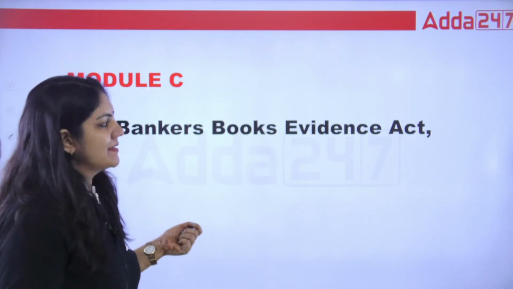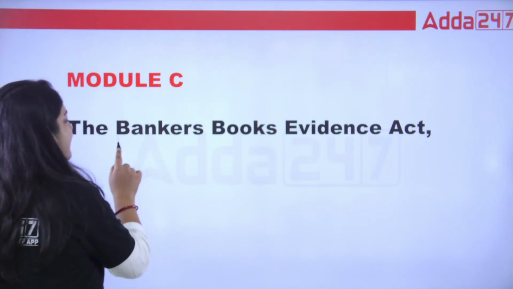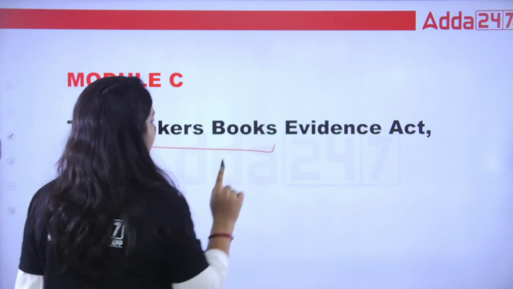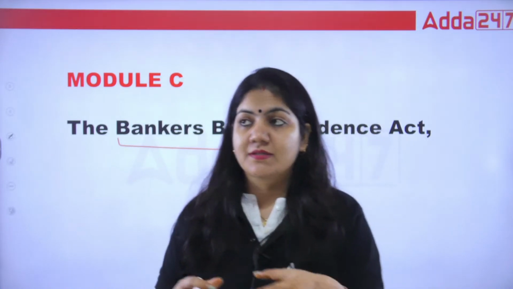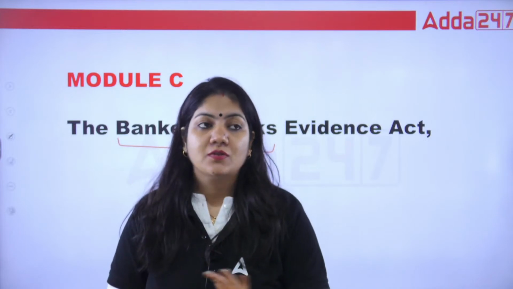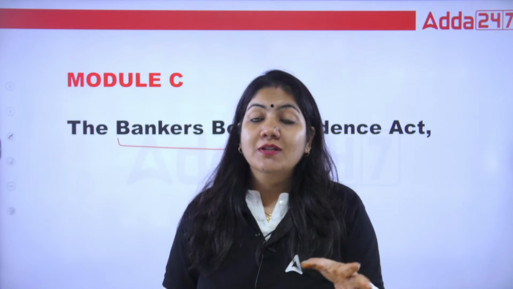Before starting this session, I would like to share what exactly the Banker's Book is. See, every bank has to maintain records. Suppose any dispute of the bank comes in front of the court and the court says, bank, you have to present the evidence. What kind of evidence does the bank have to present?